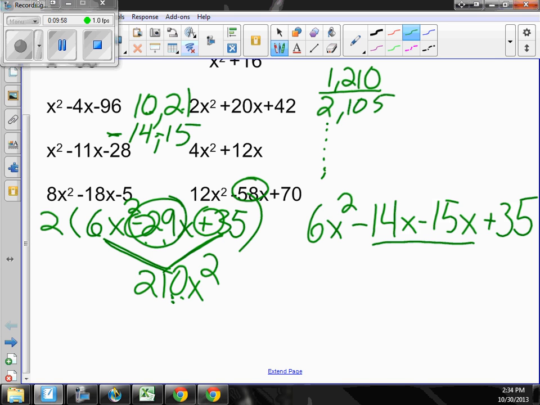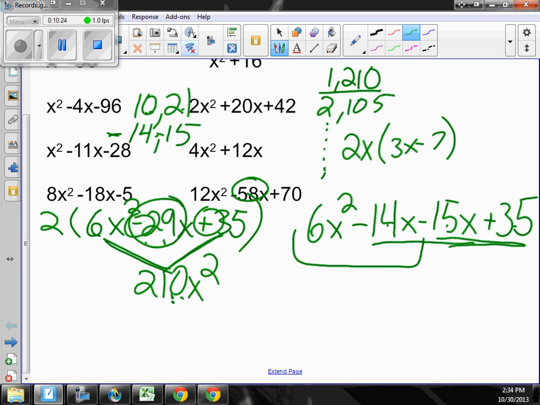All you have to do is group. What do the first two share? 2x. What's left? 3x minus 7. What do these share? How do I know I want to pull out a negative again? Right. It's positive, negative, and then negative, positive.